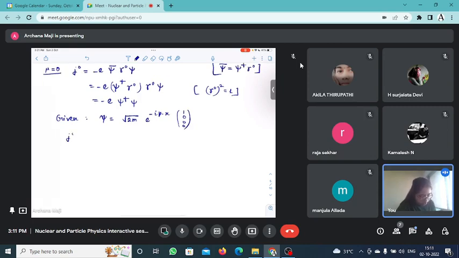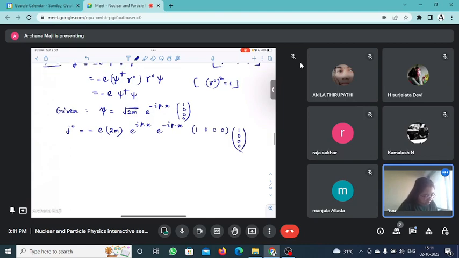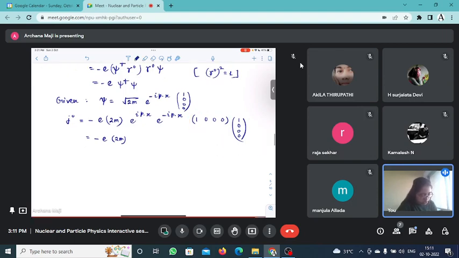Using this, J0 will be minus E times square root 2m twice, so that gives 2m, then exponential i p dot x coming from psi dagger, and exponential minus i p dot x coming from psi. Psi dagger gives us this row vector, and this is the column vector coming from psi. The exponentials also get cancelled out, and we are left with 2m, because this multiplication will give us just 1. So J0 we have obtained.